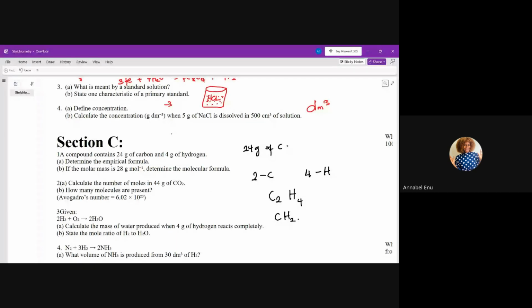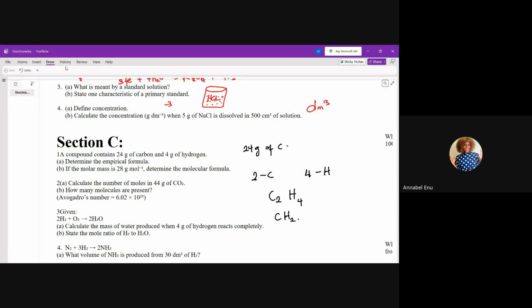One of the methods you have normally been taught to look for empirical formula is to first divide the elements by their atomic mass.